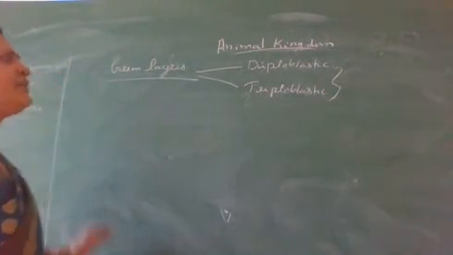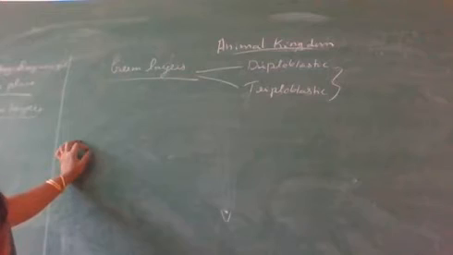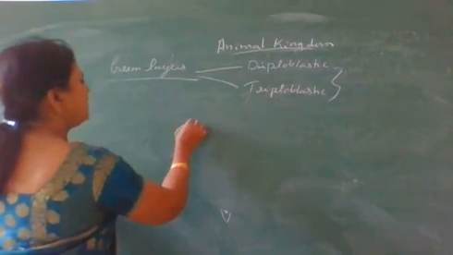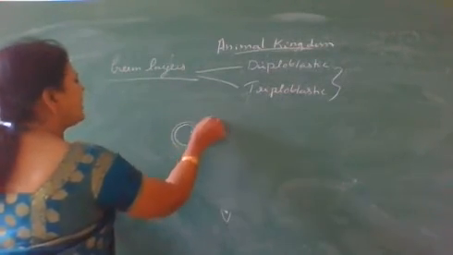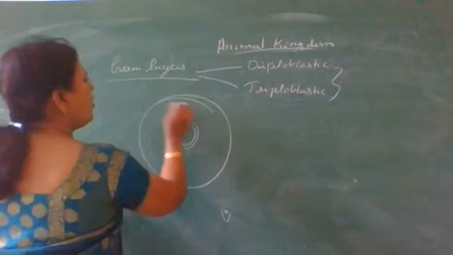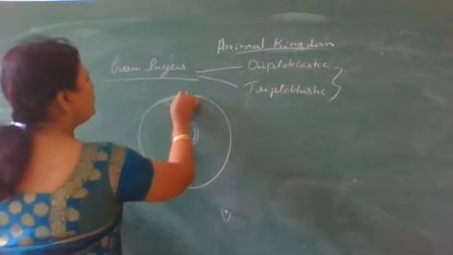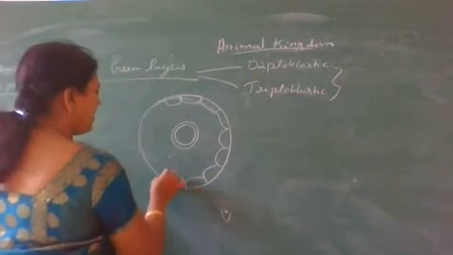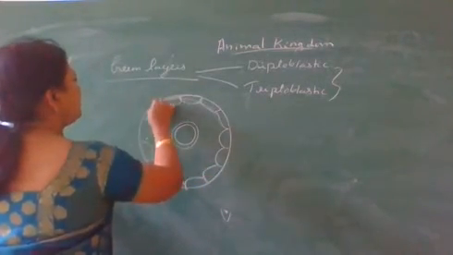Here, as the name itself indicates, diplo means 2, triplo means 3. Diploblastic animals are those having only 2 germ layers in the embryonic development.